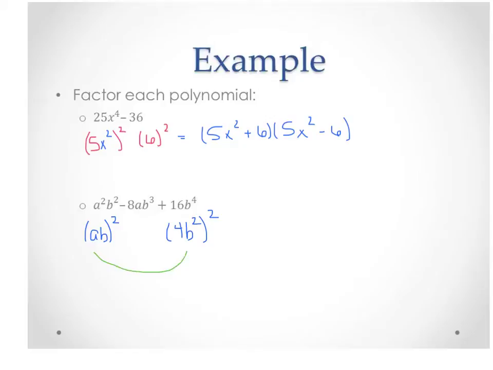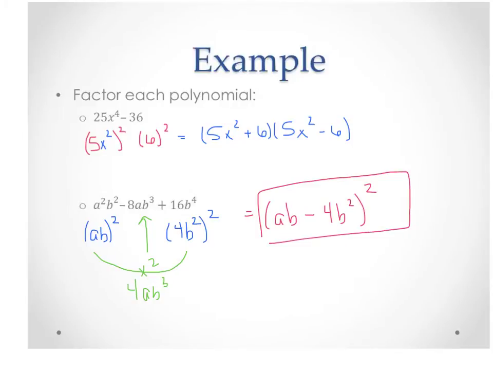If you multiply those together, you're going to get 4AB cubed, because you're adding exponents, times 2. Is this a perfect square trinomial? Well, it is. It has a minus sign in the middle, so we're going to do AB minus 4B squared, squared. Perfect square trinomial.